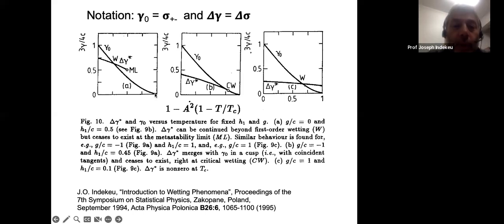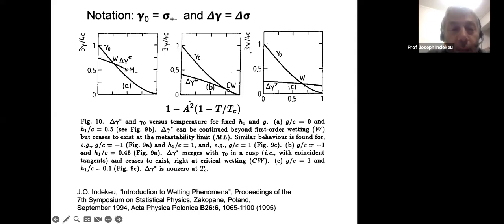So the equilibrium states are the lowest possible values along these curves. And that set of lowest possible values along these curves is a function that displays a discontinuity of derivative here at this point W. And that's why this signifies a wetting transition of first order.